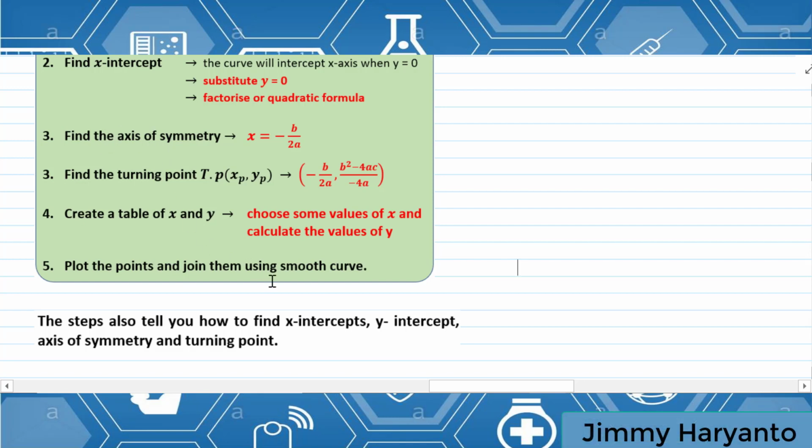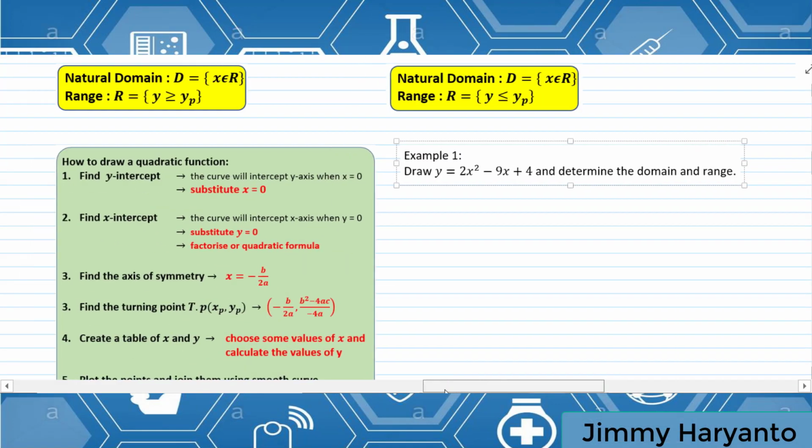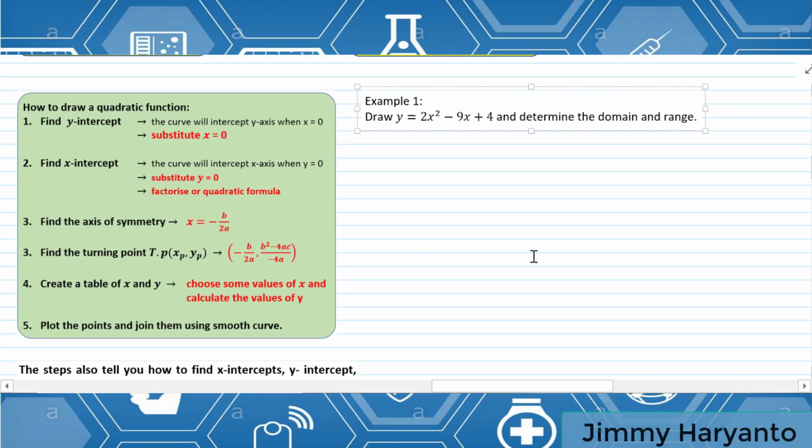Okay. Example 1. Draw y equals 2x squared minus 9x plus 4 and determine the domain and range. First, we have to draw it, right? So we have to follow these steps. The first one is the y-intercept. Y-intercept means x equals 0, so I have to put x as 0.